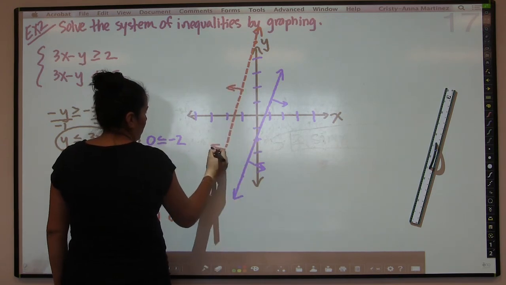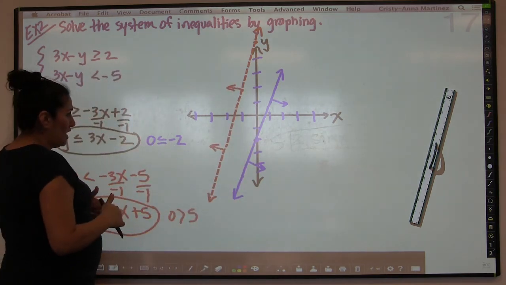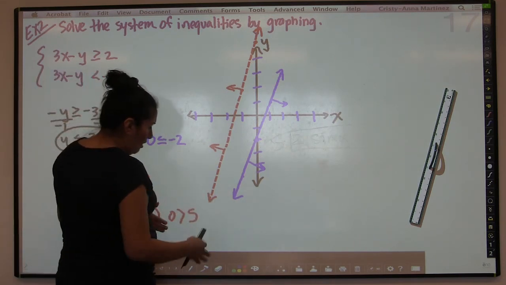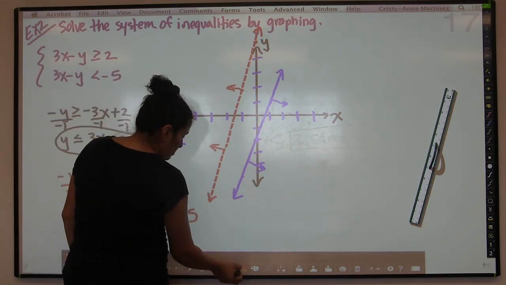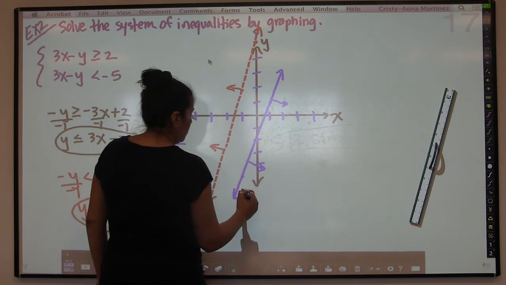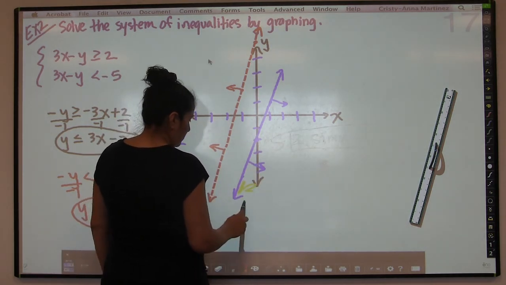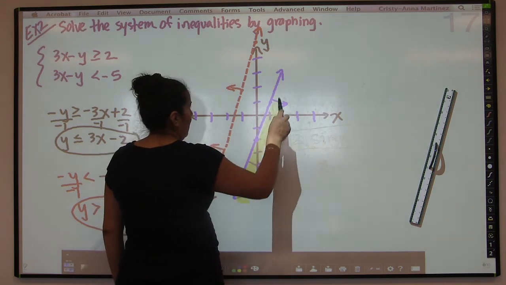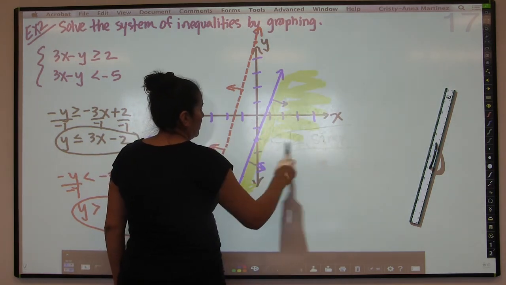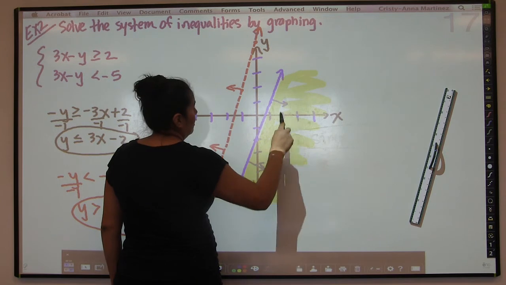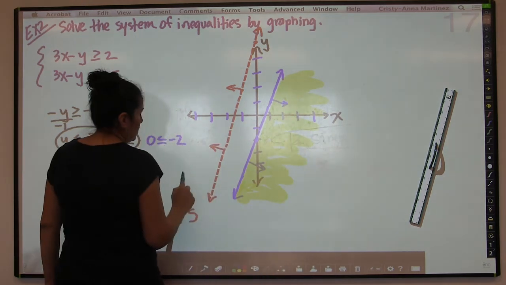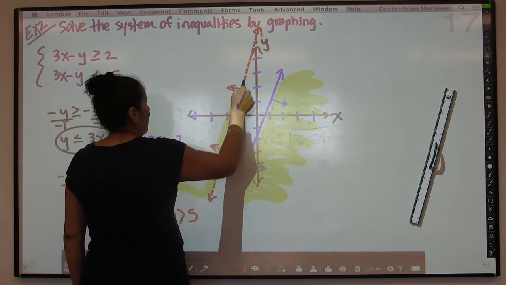And see what's going to happen is both lines are being shaded away from the origin. And they're parallel, so they're never going to cross. And so you're going to end up with a region that's shaded. Yeah, there we go. I wanted my highlighter. You're going to have all this region over here on this side. And then you're going to shade all this region over here on this side.